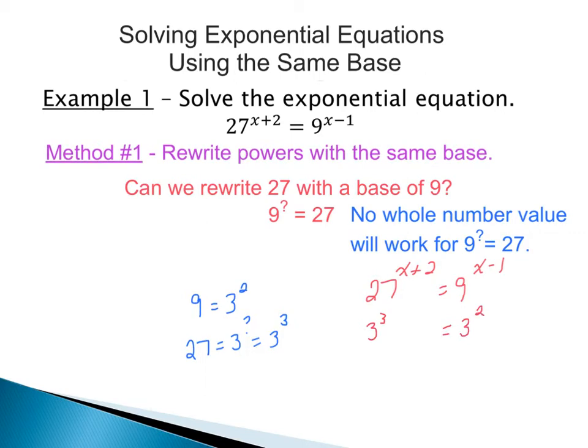But we can't ignore those exponents that were already there, that x plus 2 and the x minus 1. So the 27 became 3 to the third, and the 9 became 3 squared, but that's still being raised to each of those exponents. So we have 3 to the third raised to the x plus 2, and we have 3 squared raised to the x minus 1.